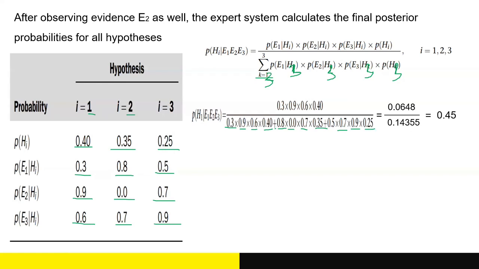And then if we add the products, their sum is 0.14355. So 0.0648 divided by 0.14355, the probability of hypothesis 1 given evidence 1, evidence 2, evidence 3 is equal to 0.4225.